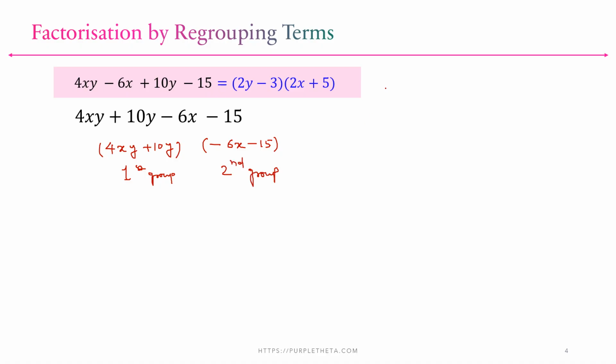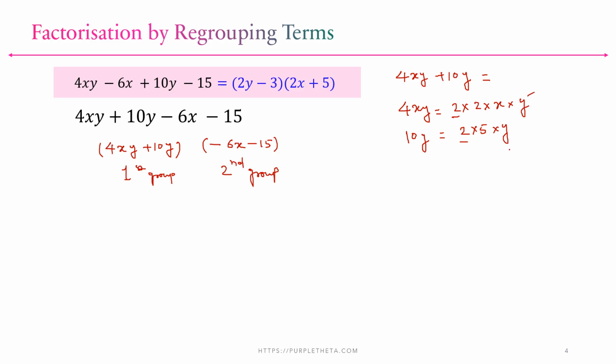Let us take the first group. Let us break 4xy first. 4xy is equal to 2 multiplied by 2 multiplied by x multiplied by y, right? And 10y, when we break it down, is 2 multiplied by 5 multiplied by y. So which things are common here? 2 and y are common in both the terms.